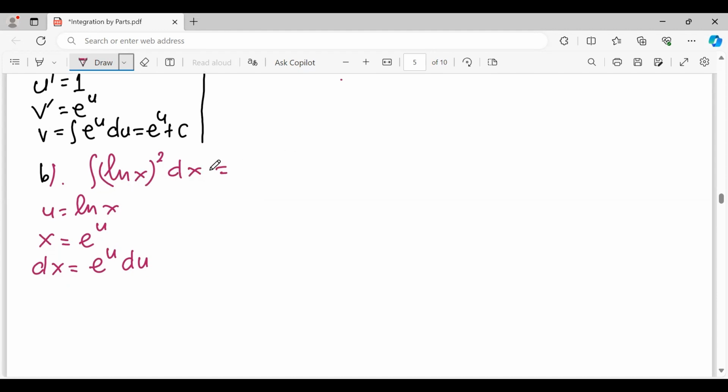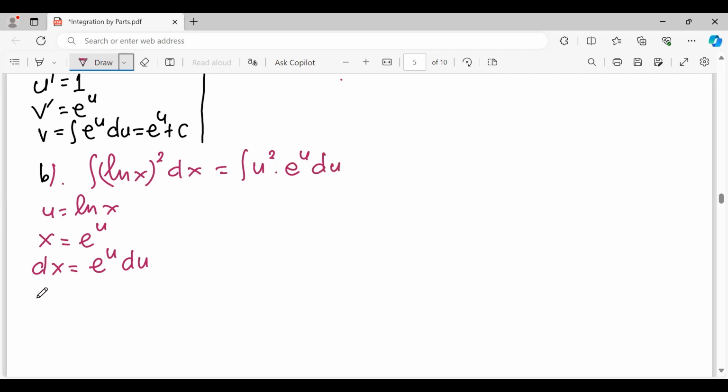So this integral we can write as u squared e power u du.